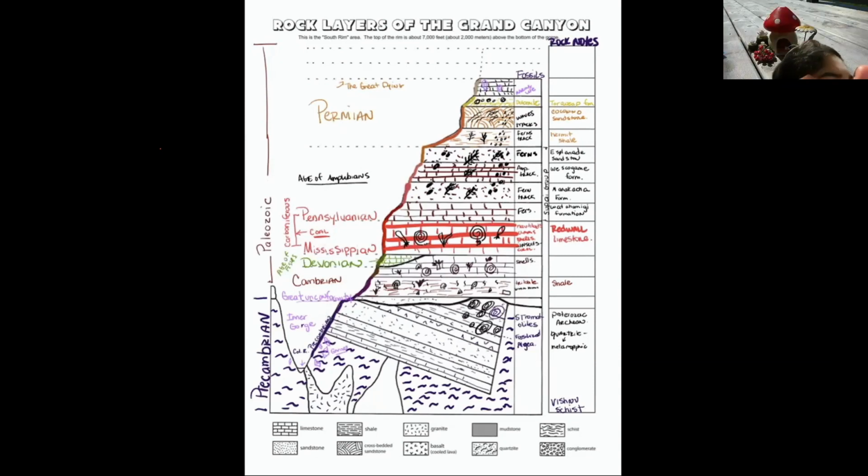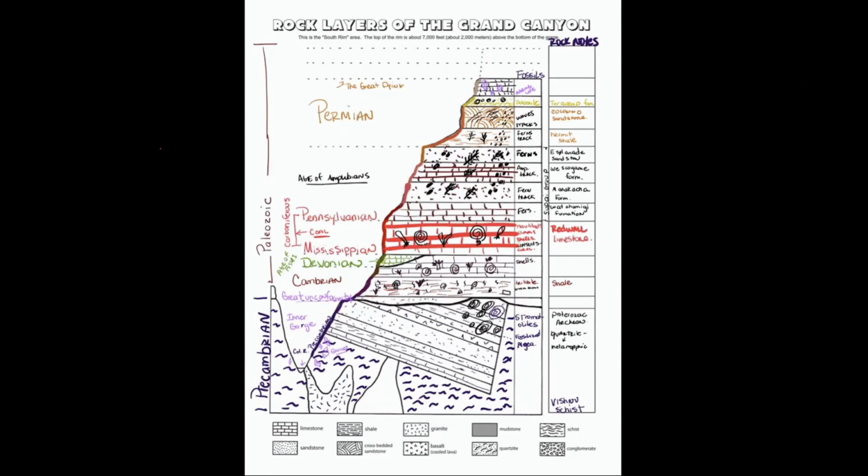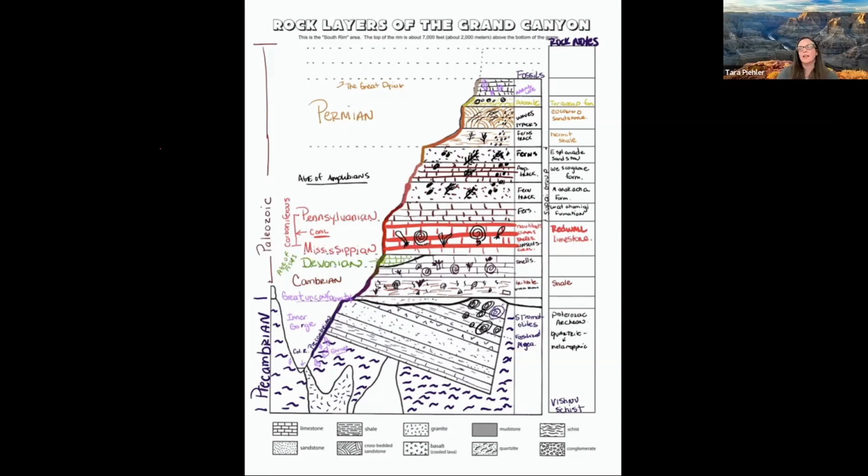That's right. So how at the top layer are there marine animals? What would be our conclusion to that? That there used to be water up there. Water was higher. All right, so when we think of plate tectonics, what creates mountains?